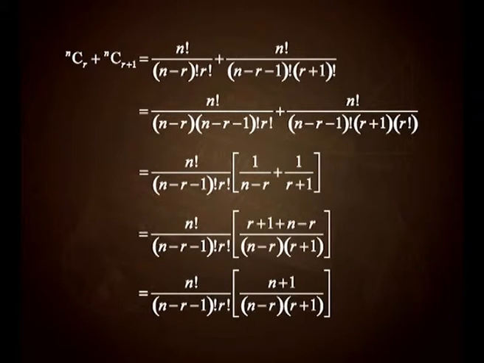Now, if I rewrite this expression, isn't that what (n plus 1)C(r plus 1) will be? Agreed? And that is what our second result was about. So, this result is helpful when I combine two terms in nCr form.